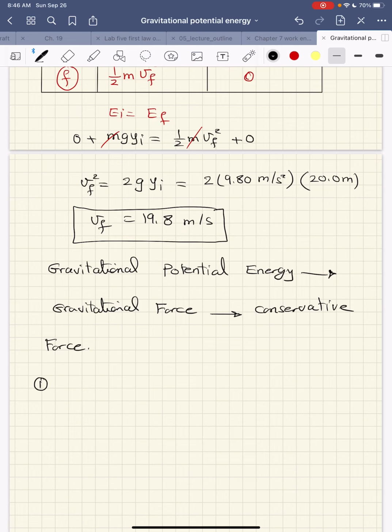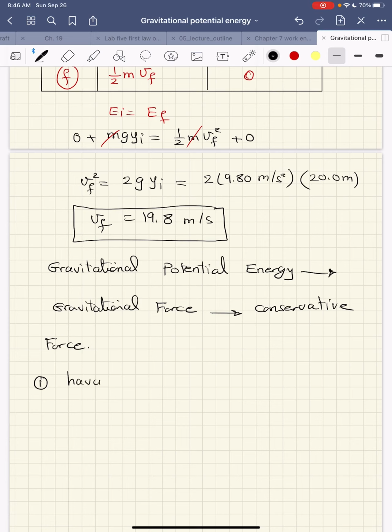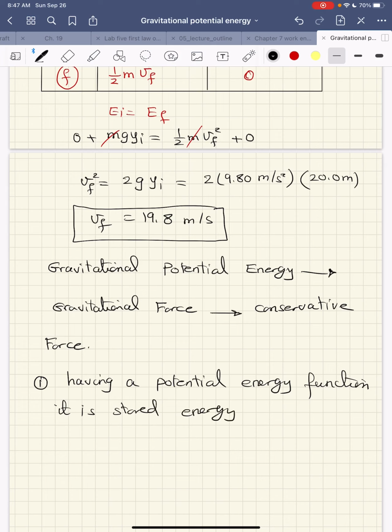One of them is that conservative forces have a potential energy function, like we did here, and it is stored energy, like we can store energy in these systems, and that energy is completely recoverable.